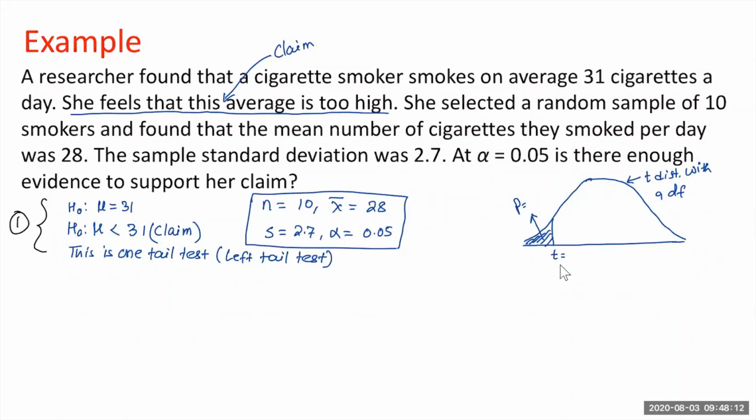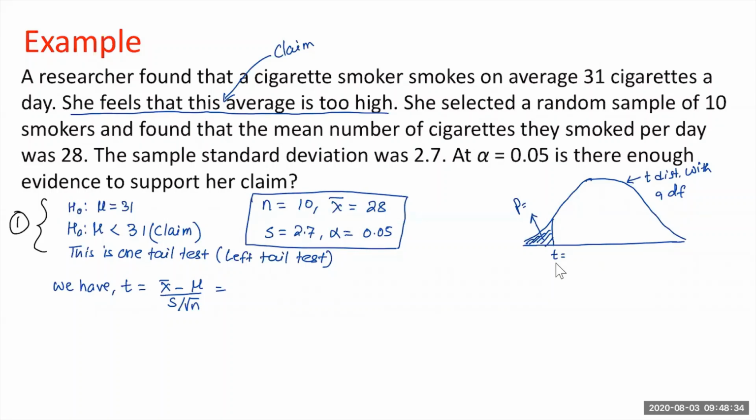So the second step is to find that test statistic. So t equal to, we have that formula. t equals x bar minus mu divided by sample standard deviation divided by square root of n.